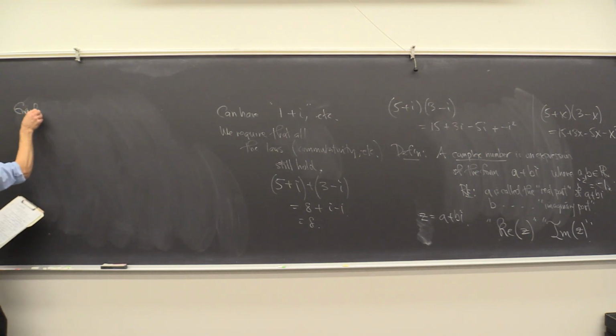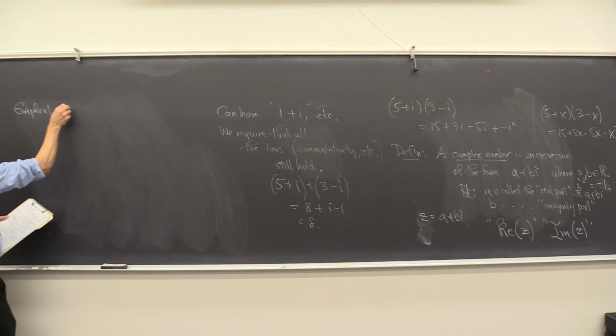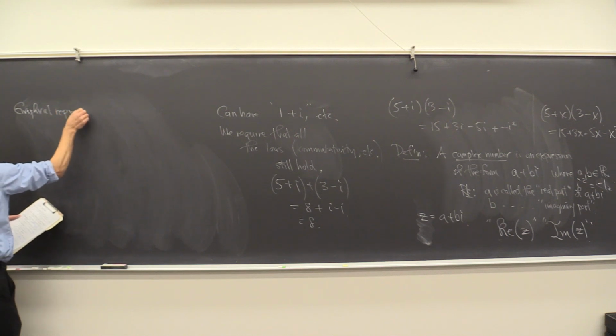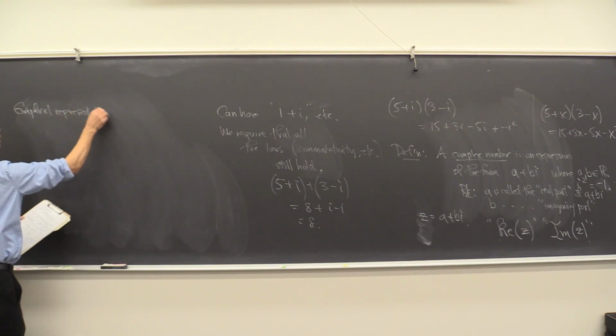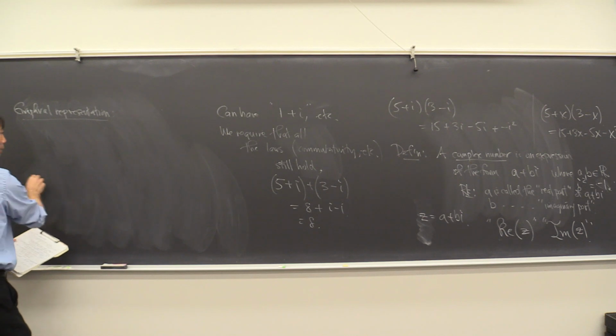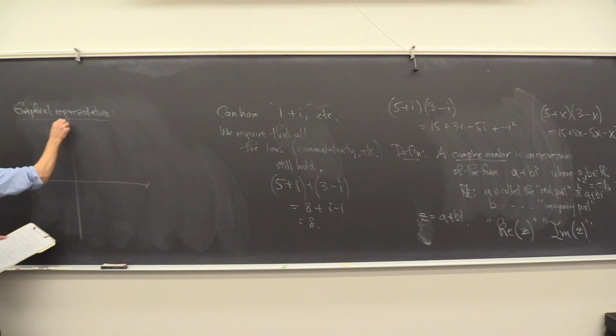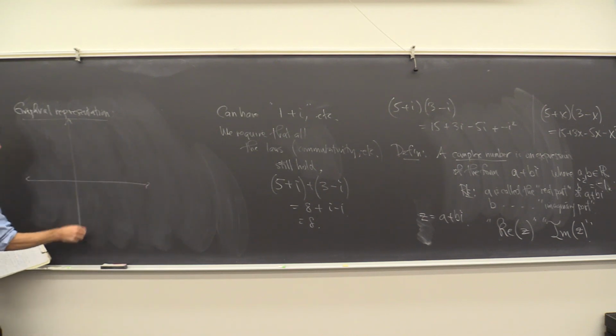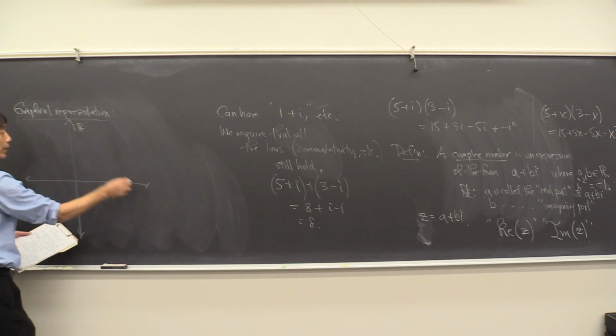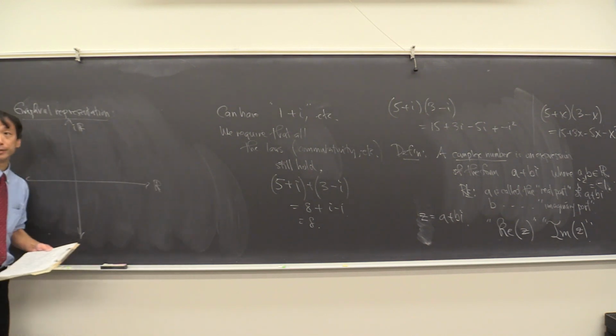Here is a graphical representation of the complex numbers. We represent them on the plane. So we call this thing the imaginary axis, and then this thing the real axis.